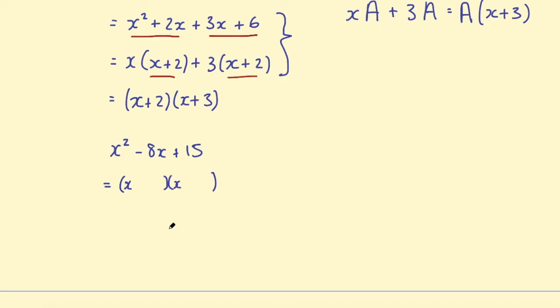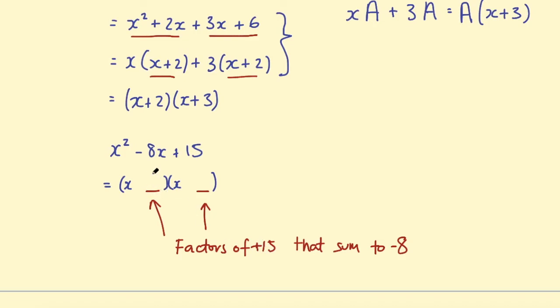So I write them in first, and then what goes in at the end of the brackets are factors of 15 that sum to negative 8. Also include the signs in here.